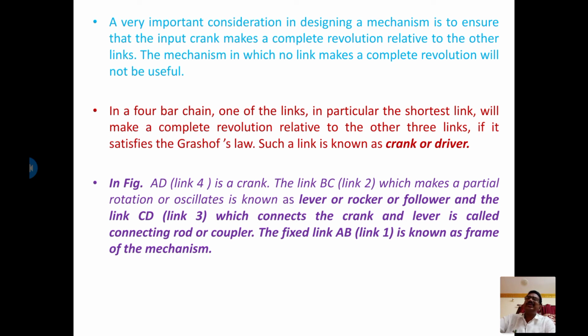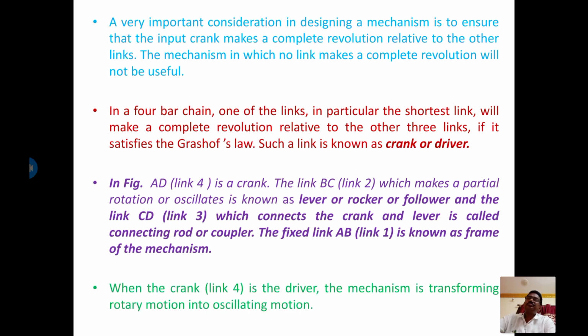The link CD, which connects the crank and lever, is called the connecting rod or coupler. The fixed link AB is known as the frame of the mechanism. These are the four links: frame, coupler, rocker and crank.